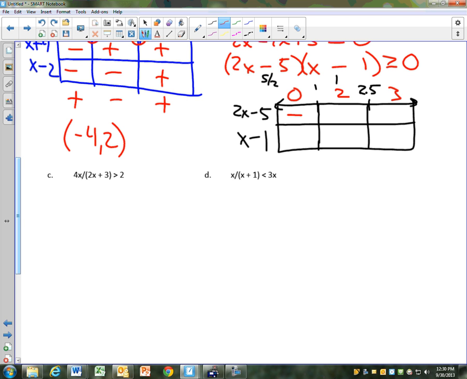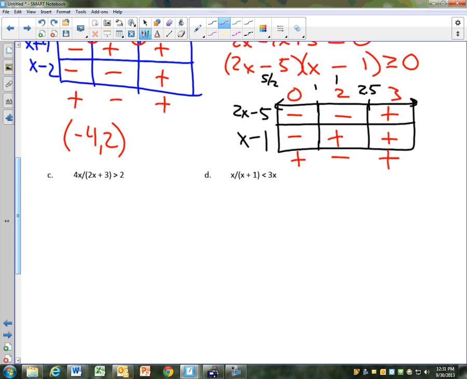If we plug in 2, 2 times 2 minus 5 is negative, 2 minus 1 is positive, and 2 times 3 minus 5 is positive, and positive. Do you multiply across or do you multiply down? Multiply down. Negative times a negative is a positive. Negative times a positive is a negative. Positive times a positive is a positive.